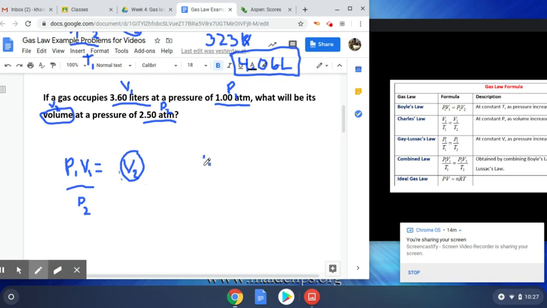So we have 1 atmosphere, and our V1 is 3.6 liters, over P2, which is 2.5 atmospheres.